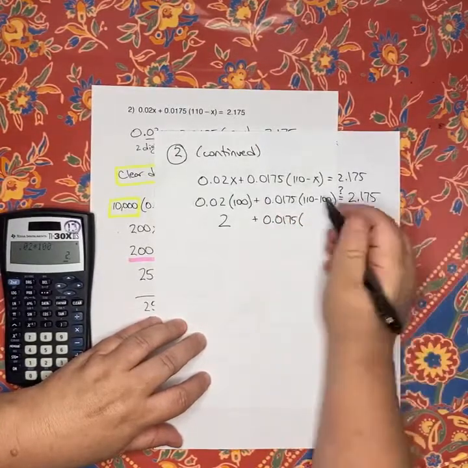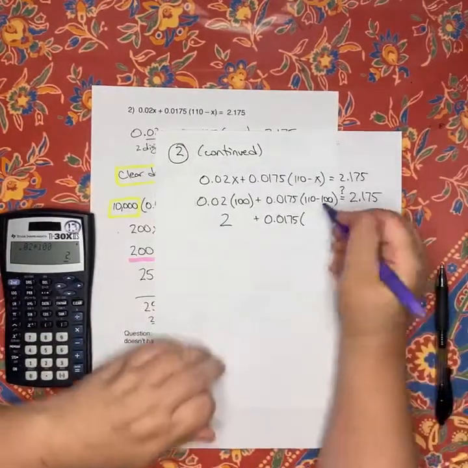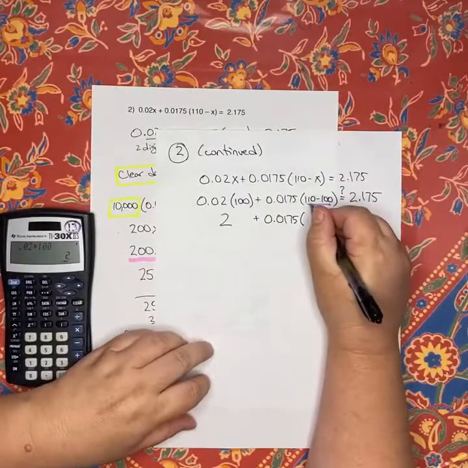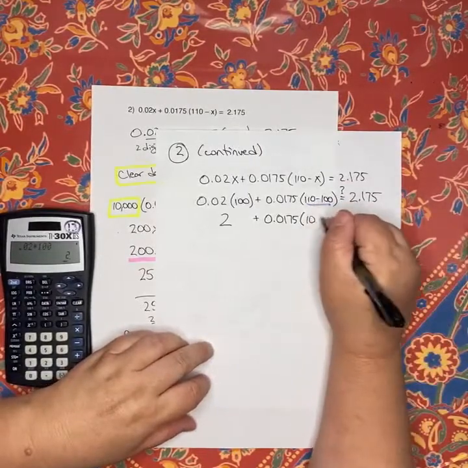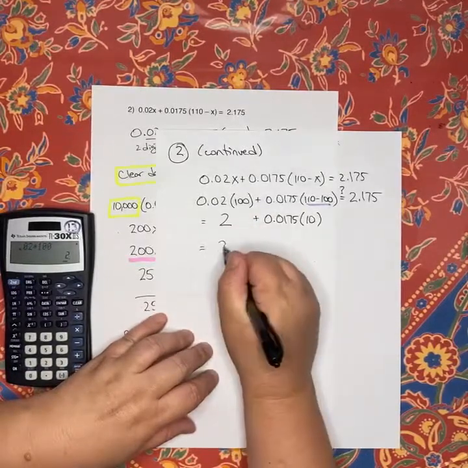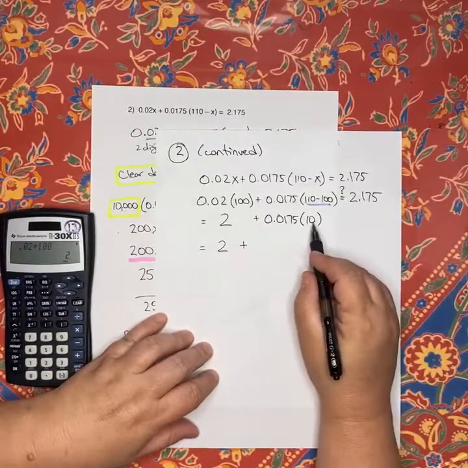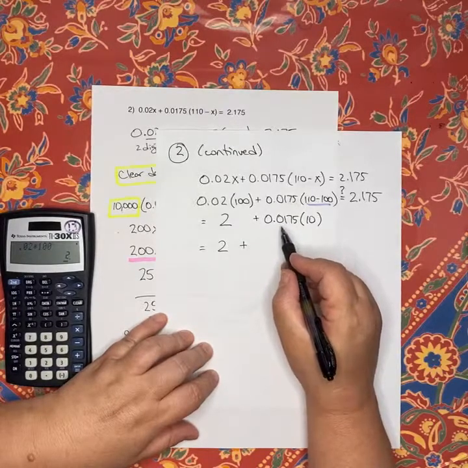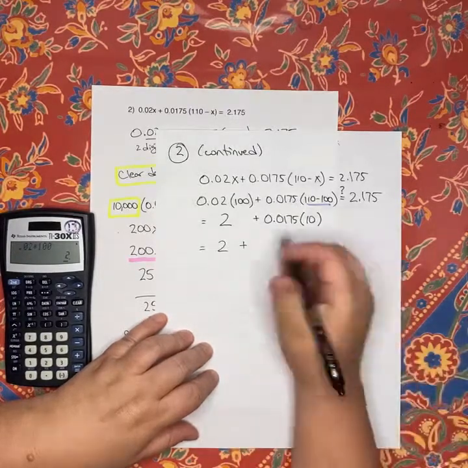Then here, order of operations says I have to take the 0.0175, and I have to first subtract right here. And that says 110 minus 100 means I'm multiplying by 10. So then I get 2 plus, and multiplying by 10, what does that do? That just moves the decimal point. So the number gets 1 digit bigger.